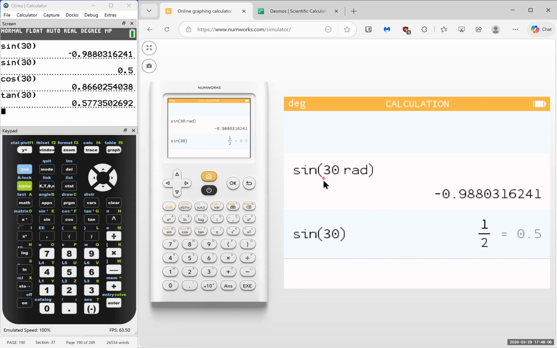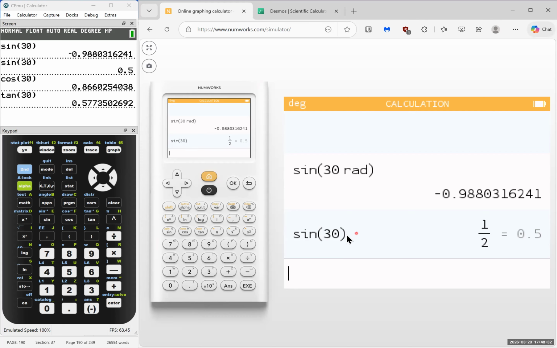And it looks like, I didn't notice this before, maybe this is new to an update, but I put in 30 and it put radians here. So in this case, it reminded me that this was in radian mode. So that's helpful. Now here, since I put 30 degrees, it's already in degree mode.